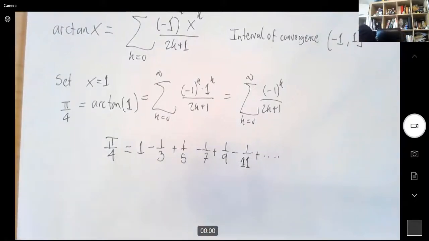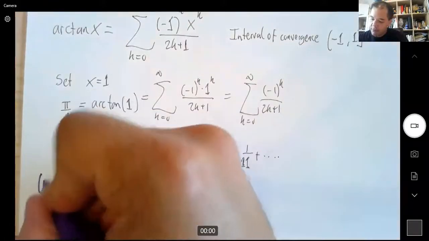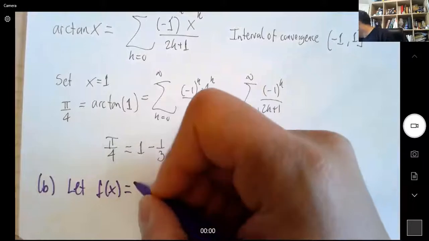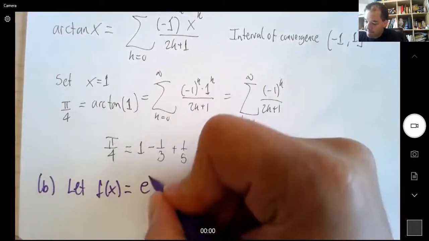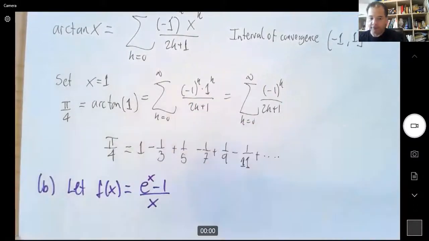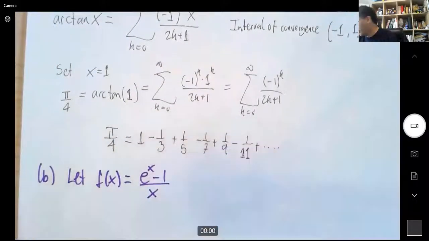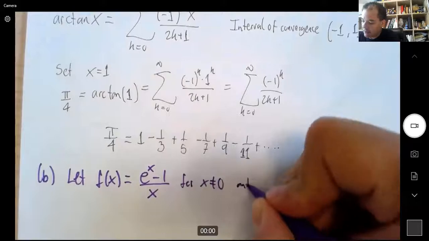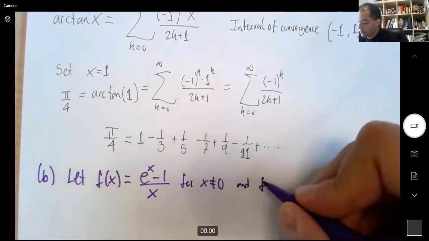Let's take a look at part B now. So part B asks, let f of x be equal to e to the x minus 1 over x, for x different from 0, and f of 0 is 1.